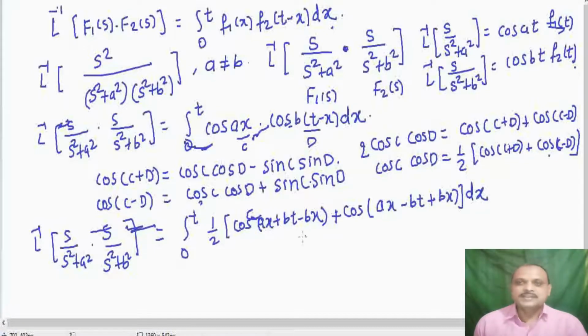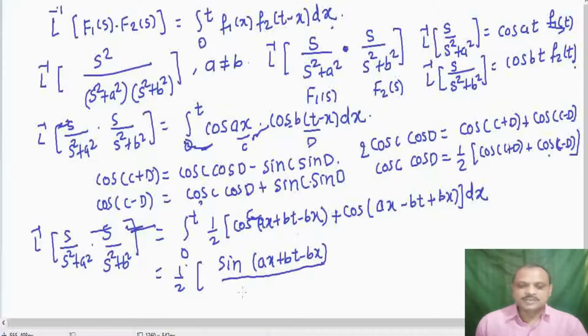Now we can easily integrate this. Again we know that this is 1 by 2. The integration of cos is sine: sine of (ax plus bt minus bx) divided by the coefficient of x, a minus b, plus sine of (ax minus bt plus bx) divided by a plus b, between the limits 0 to t.